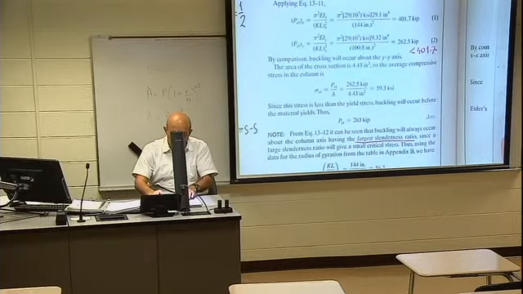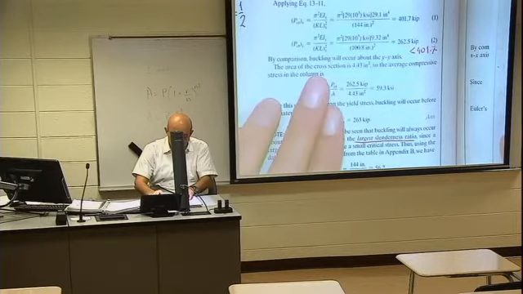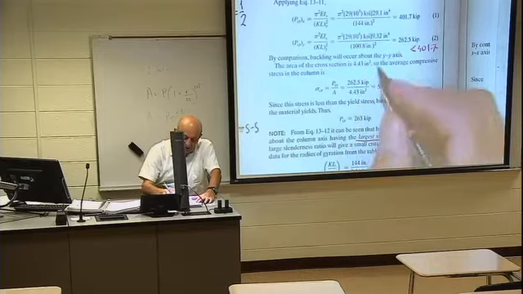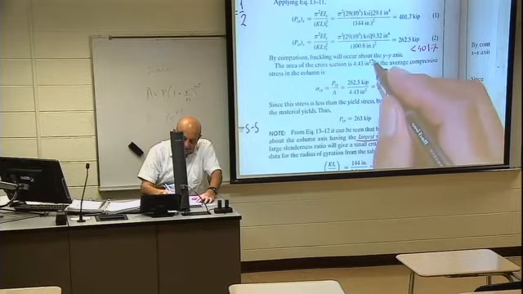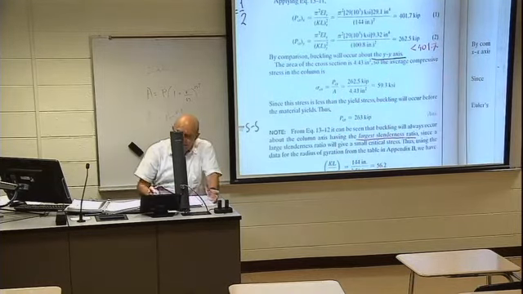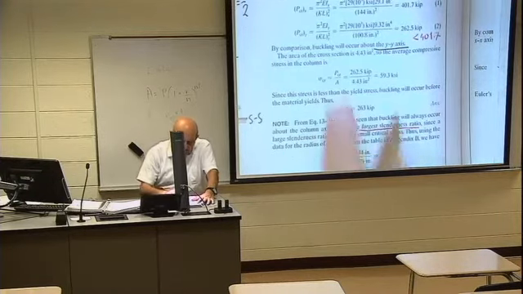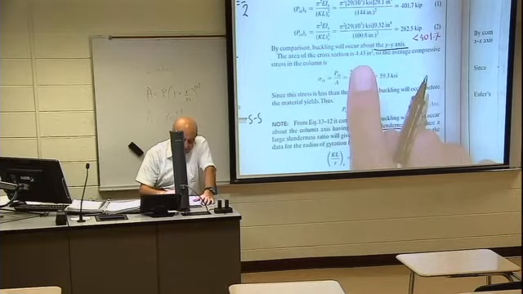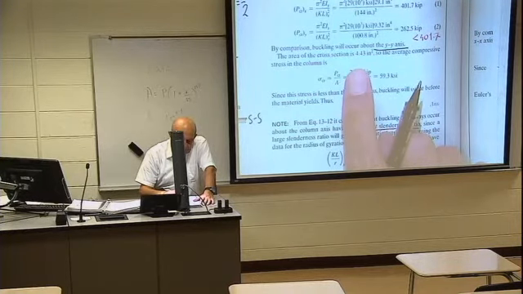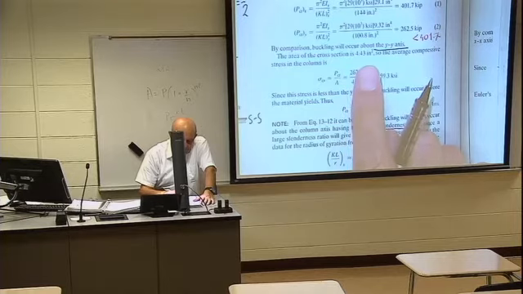By comparison, we conclude buckling will occur about the y axis. The area of the cross section, from the table, is 4.43 inches squared.